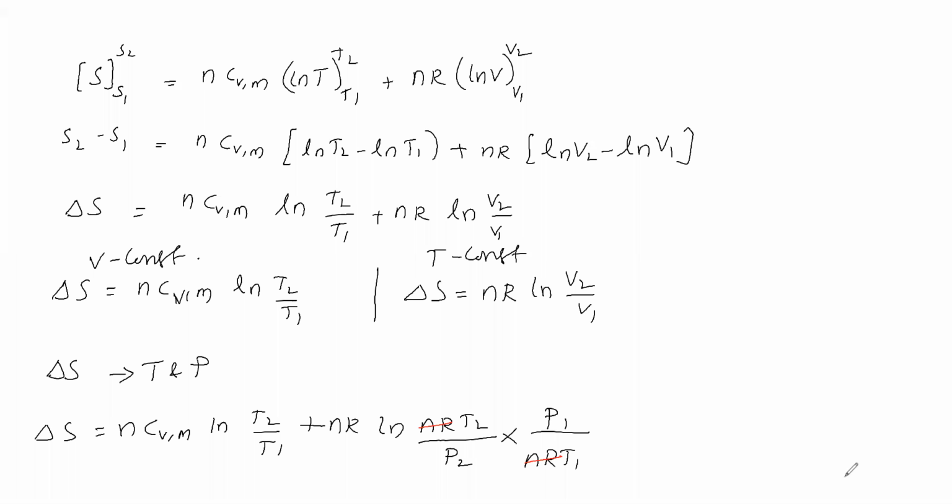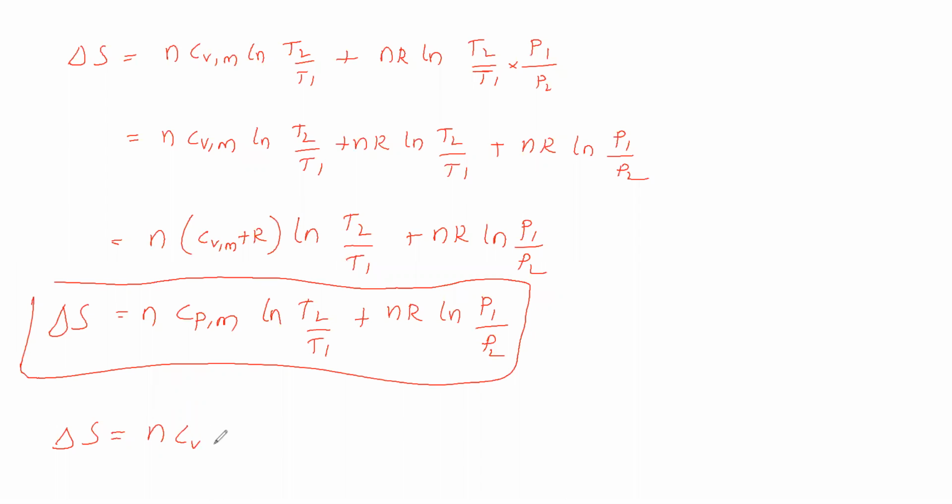Now we will compare these two delta S, one in terms of temperature and volume, the other in terms of temperature and pressure. Here in both cases n is there. Here CPM, here CVM. Here ln T2 by T1, here also the same. nR ln.